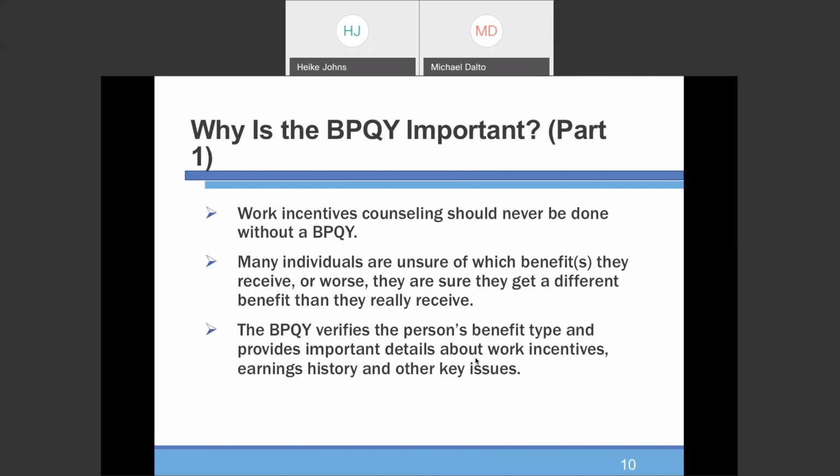Many people don't know which benefit they get, or worse, they do know which benefit they get, but they're wrong. The BPQY verifies that information very officially, in addition to providing earnings history, work incentive information, so that you're much more likely to be advising the person based on accurate information and not based on incorrect data.